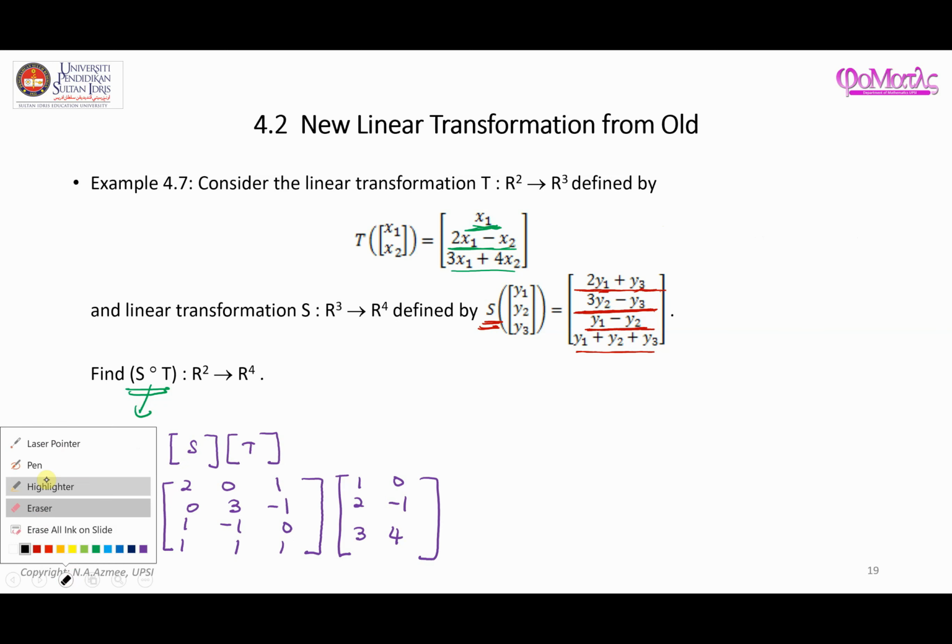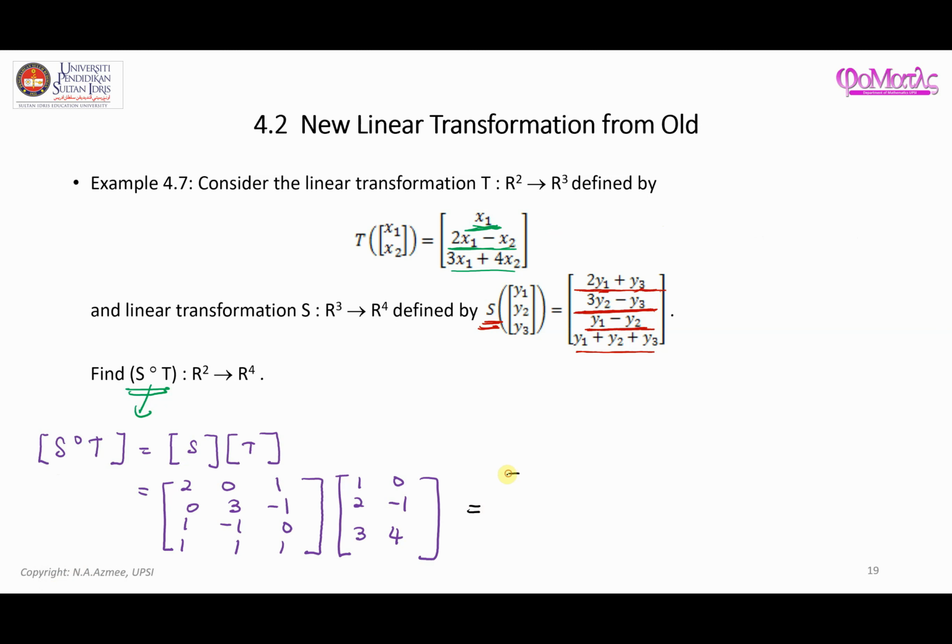The result is going to be, well, here is the first row, first column: 2 plus 0 plus 3, so this is 5. This one and the second column: 0, 0, 4, this is 4.